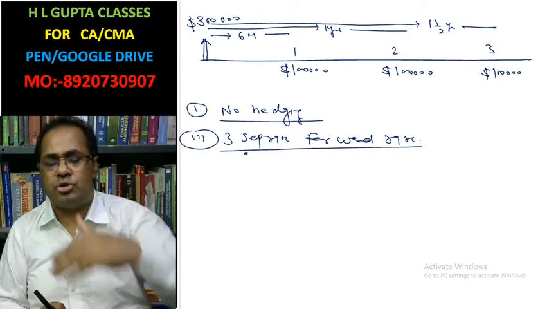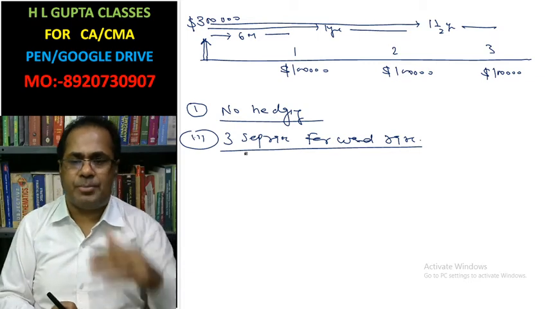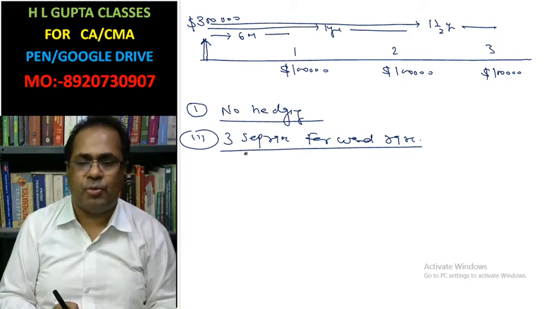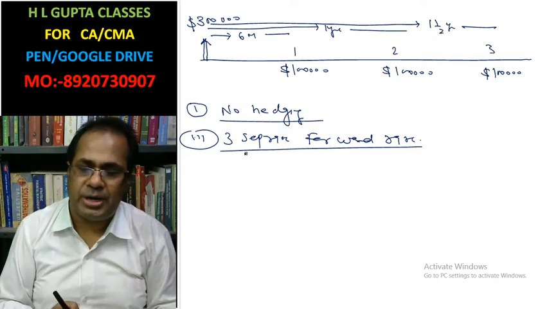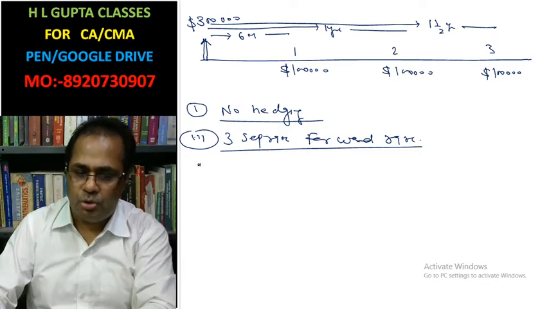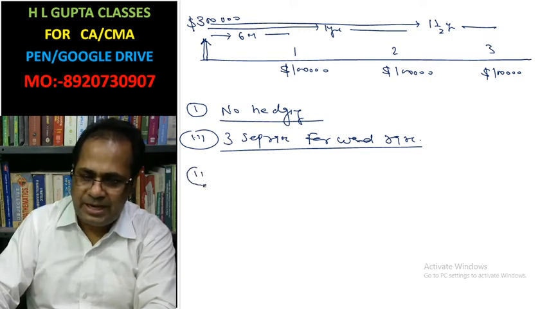Then you also enter into a purchase of $1 lakh after 1 year, and in the third you enter a forward contract as well.